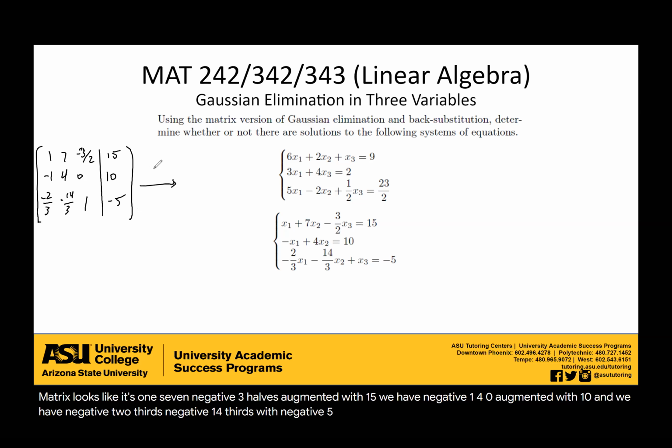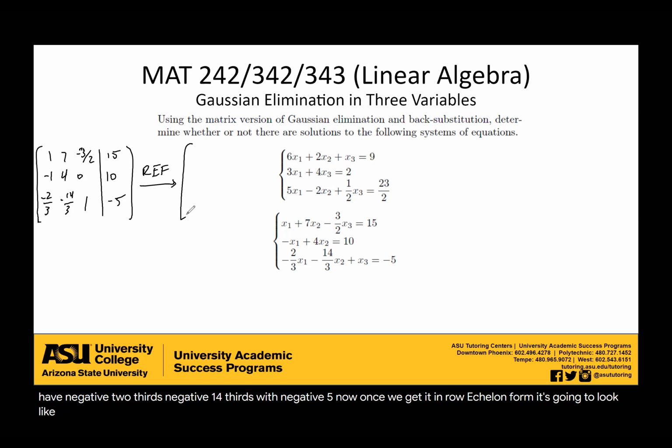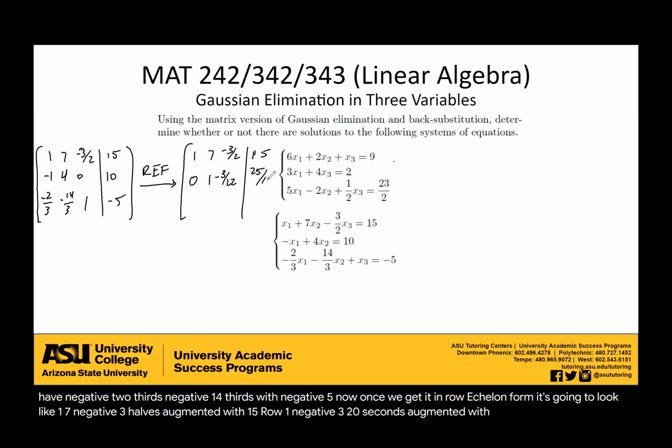Now, once we get it in row echelon form, it's going to look like 1, 7, -3/2, augmented with 15; 0, 1, -3/20, augmented with 25/11; and 0, 0, 0, 1.